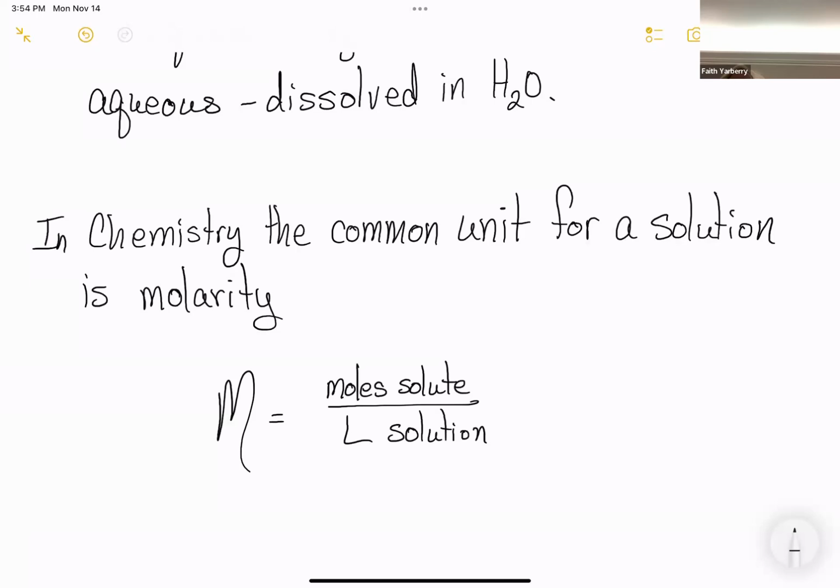Almost all concentration units, folks, are solute over solution. There's actually only one concentration unit out there that is not solute over solution that I can think of. Almost all of them are solute over solution. Molarity just happens to be moles of solute over liters of solution.